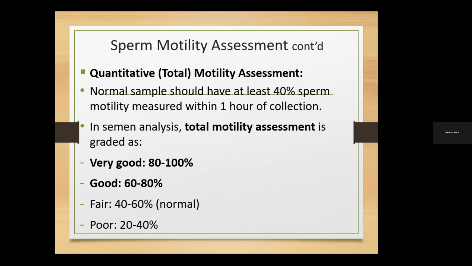More than 60% moving is also good. More than 40% is still normal. This is what I want you to note. So the baseline is 40%. But if you get 40% and somebody else gets 60%, they are both good, but you see that one is better. That's what we are talking about.